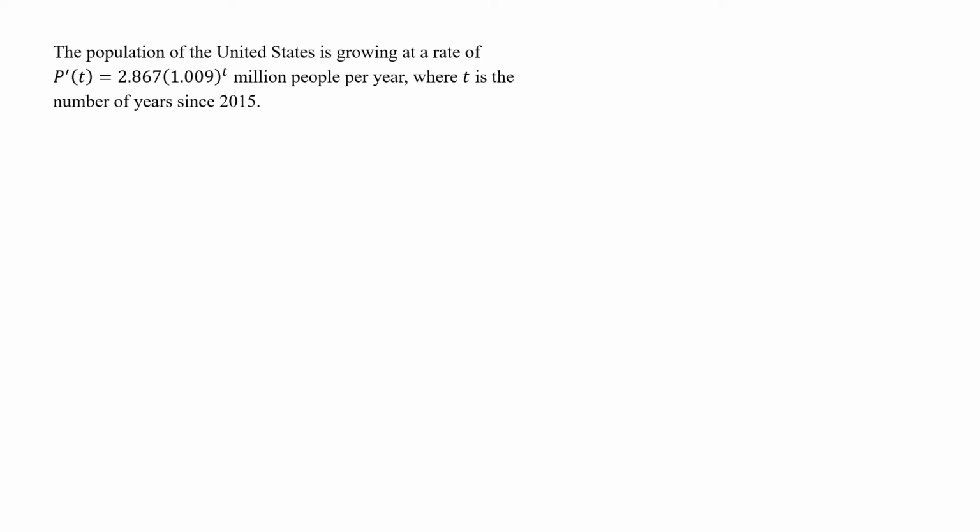So we're going to find the integral. Part A, find the integral from 0 to 5 of p prime of t dt. This would be given to us, like this is the question. So to do that, we're going to go from 0 to 5 of 2.867 times 1.009 to the t dt.